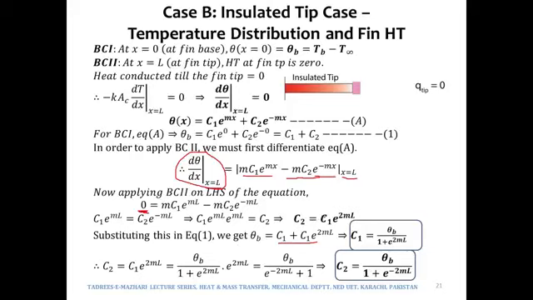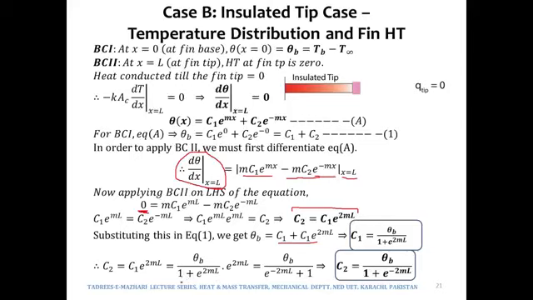Therefore after finding out c1, we can then find out c2 from here. c2 is c1 e to the power 2 ml. What is c1? This thing is c1, which is being multiplied with e to the power 2 ml as is written over here. So now this e to the power 2 ml may be taken over here into the denominator of 1 plus e to the power 2 ml.